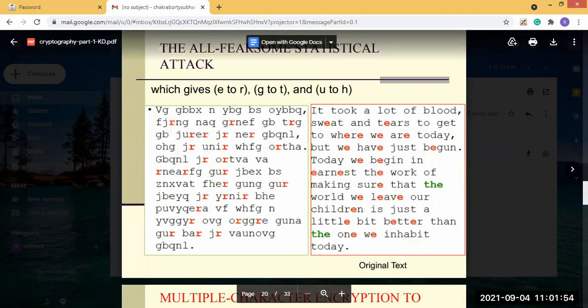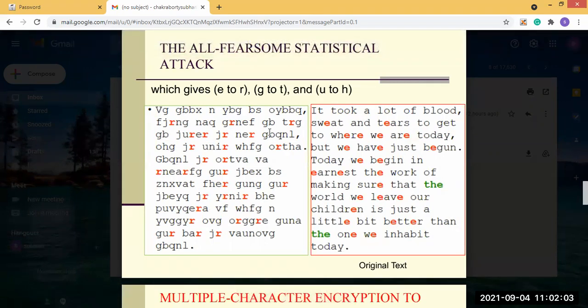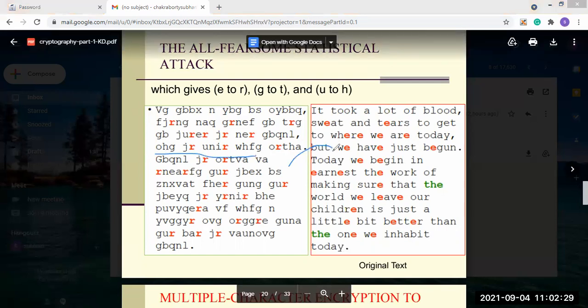And after that, it will convert the total text, because first he finds which letter is coming most. So he finds that R is coming very much, then T is coming very much, then H is coming very much, like this. You will see which letters are repeating the maximum number of times. And from them, he will look at which is the common word that repeats every time. From that, he or she is able to convert this ciphertext into the plain text.